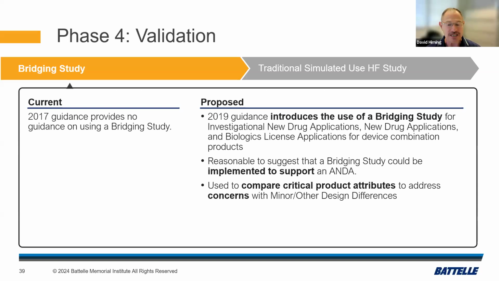In a bridging study, we're going to compare critical product attributes, and we're going to leverage any additional testing and/or data that we have access to. In the end, we want to support that any design or user interface differences are acceptable, and a bridging study should always be tailored to the user interface difference that needs to be assessed.